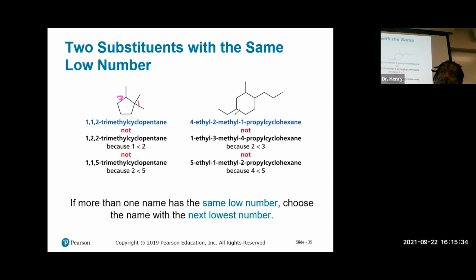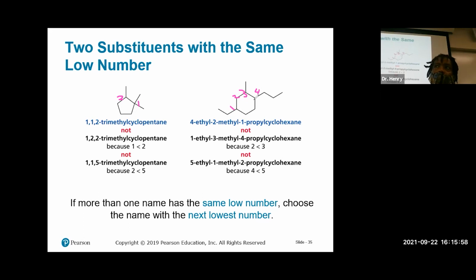So, oh, no, they didn't. Okay? So here, if we went ethyl, 1, then we go 2, 3, 4, right? So that would give me a 1, a 3, and a 4. Okay.